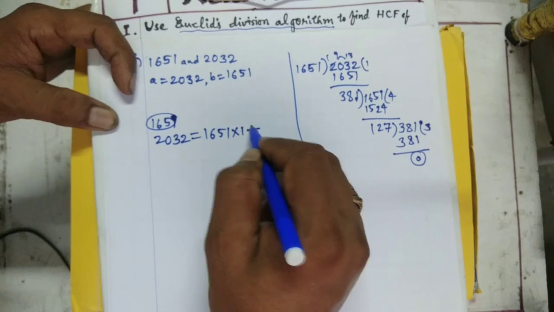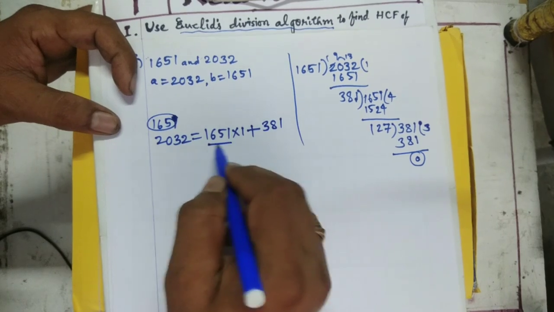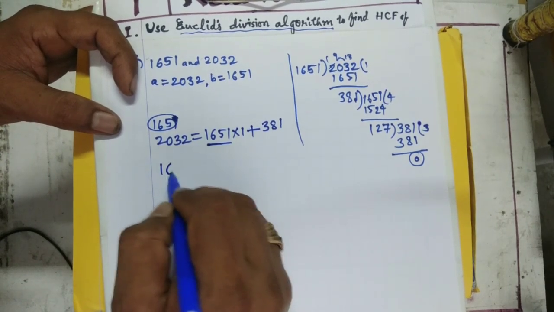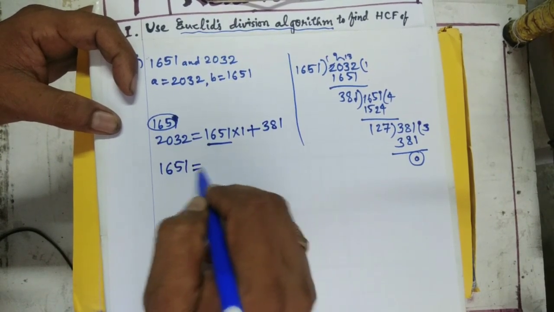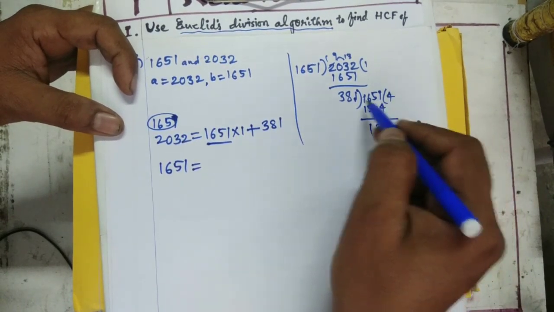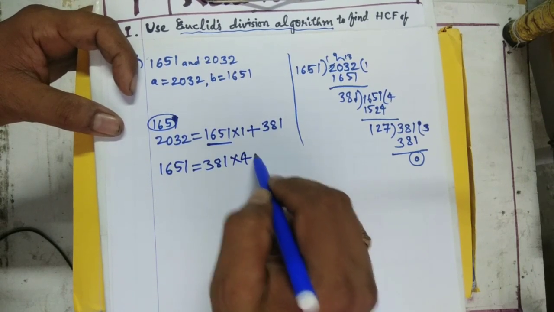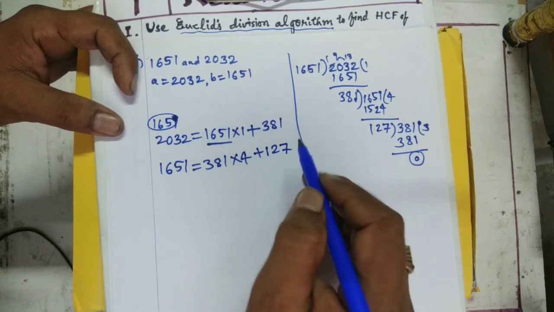Again, 1651 is equal to 381 into 4 plus 127.